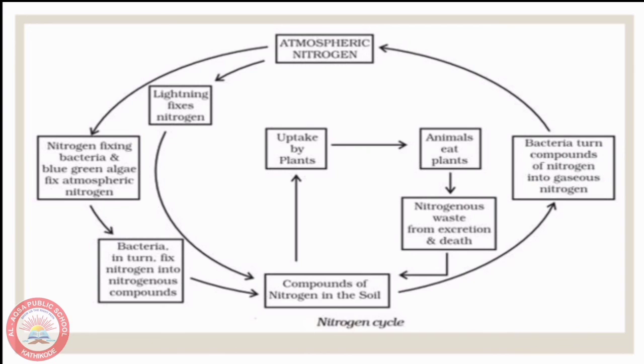The animals eat these plants, and from the plant and animal waste, the nitrogen is returned back to the soil, and some bacteria in the soil help to return the compounds of nitrogen into the atmosphere as gaseous nitrogen. So, this is how the amount of nitrogen is kept constant. As this process keeps on repeating, we call it a cycle.